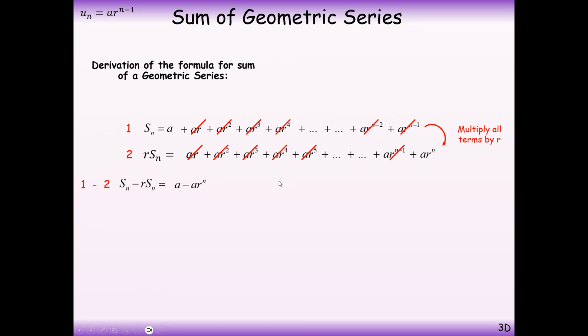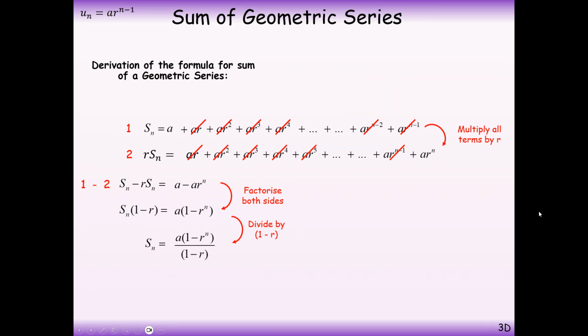Now we can tidy this up. We can factorize S of n out of the left, and we can factorize a from the right. Then we divide both sides by 1 minus r, and we end up with the expression that we wanted.